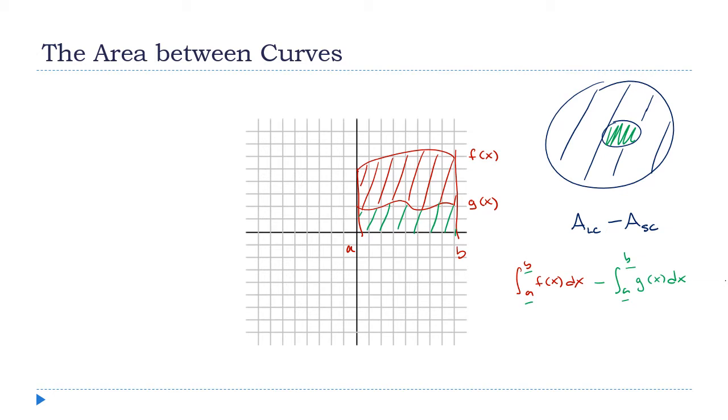In other words, this integral is the same as the integral from a to b of f of x minus g of x dx. And there you go. For the cost of subtracting the two functions, which generally is going to be pretty easy to do, now I only have to find one antiderivative, and I only have to evaluate it at 2 values. So I have to do 2 evaluations.